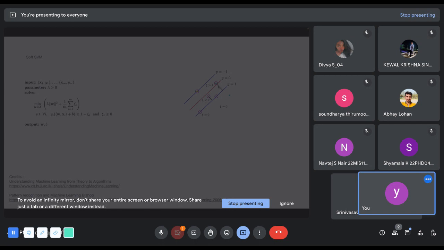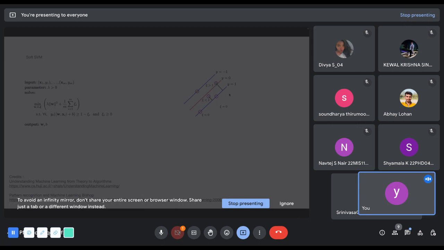And if my blue point falls to the left of the red line, I'm classifying it as negative. In that case, your zeta will be more than 1. So you are expressing your unhappiness more here, because this point is negatively classified though it is positive.